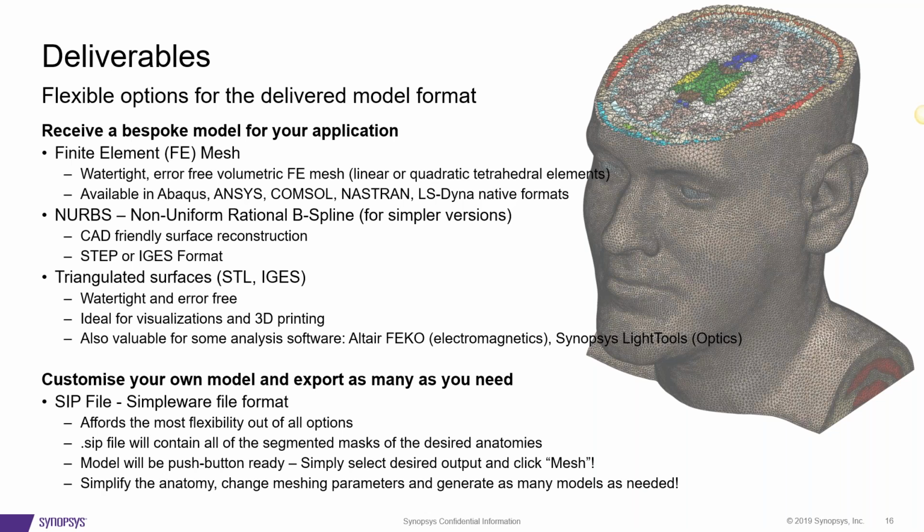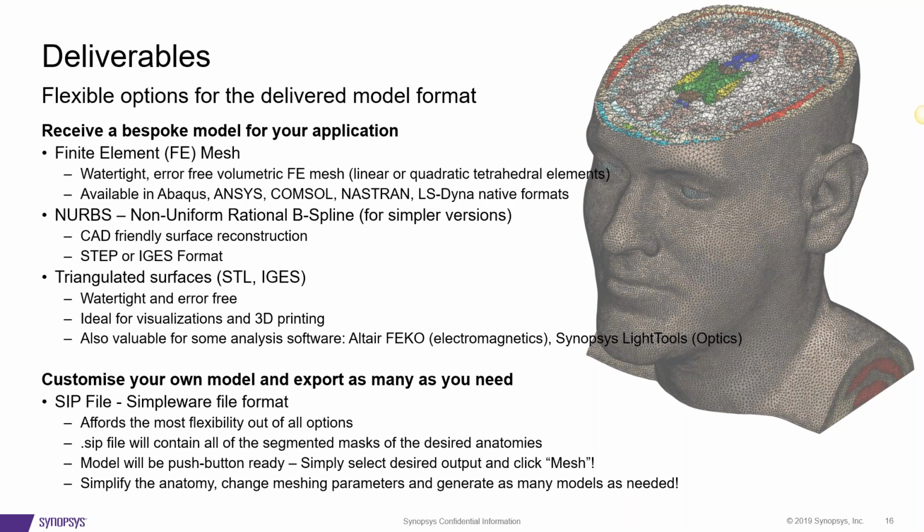In addition to volume meshes, we do also offer NURBS exports for simpler versions of the models, which are very CAD friendly, and so can be used for direct design work in a CAD environment as well.